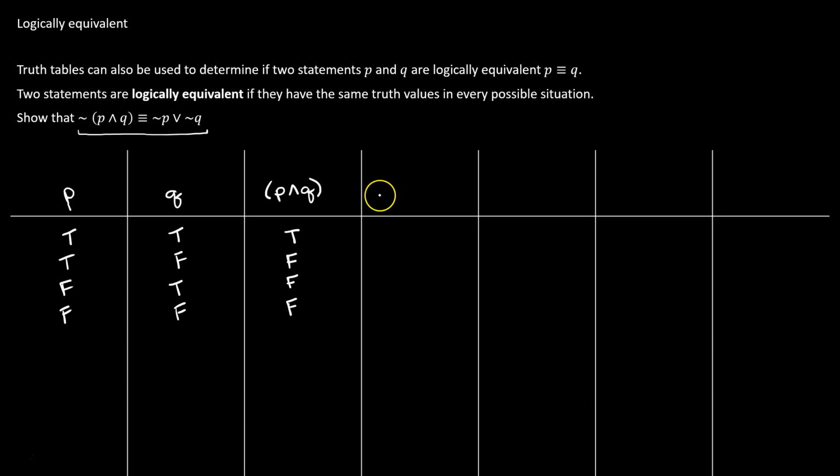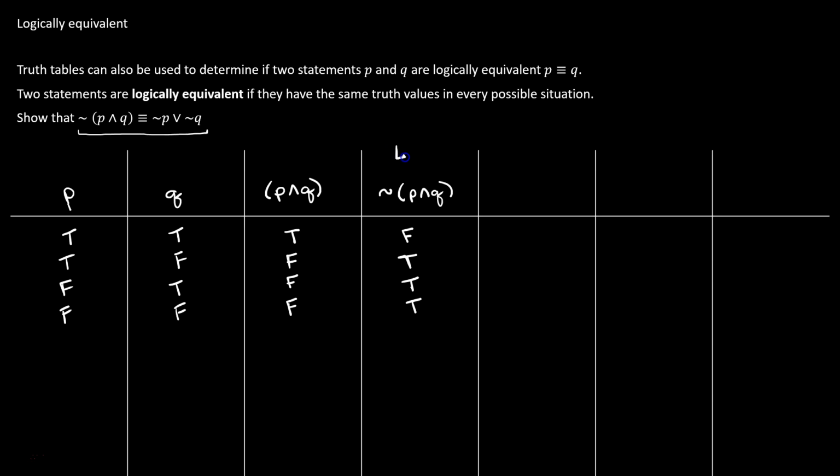So I'm going to do another column where I negate P and Q. Now, since I have P and Q in this column, I'm just going to negate each one of these truth values. So if it was true here, in the negation column it's false. If it was false here, in the negation column it's true. So then the next two entries will be true as well. Because I did this piece by piece, I don't have to go back and recalculate P and Q. We already have that. The negation column is just looking one step back.